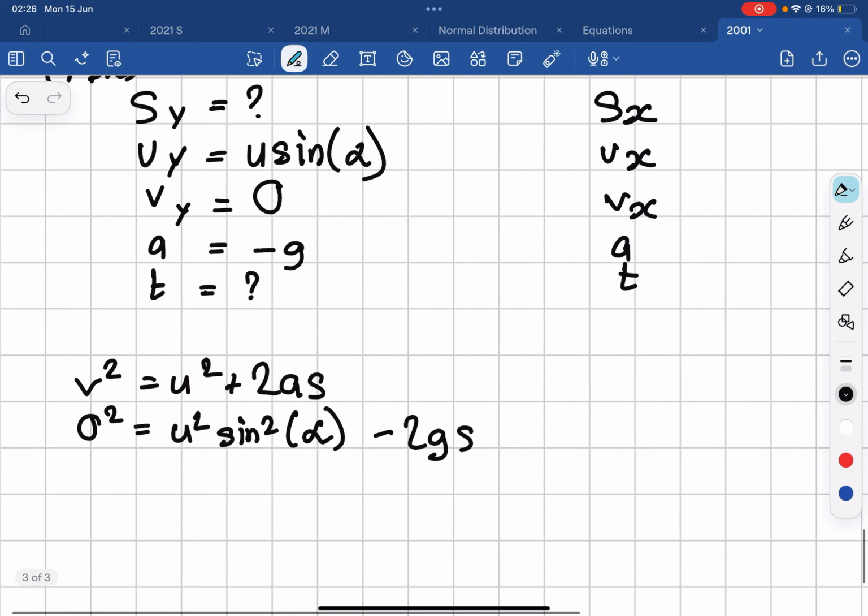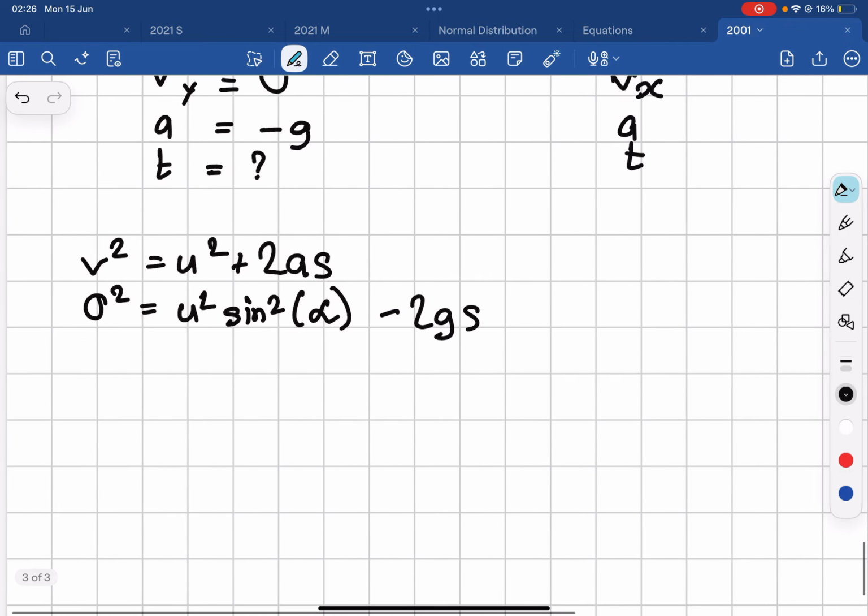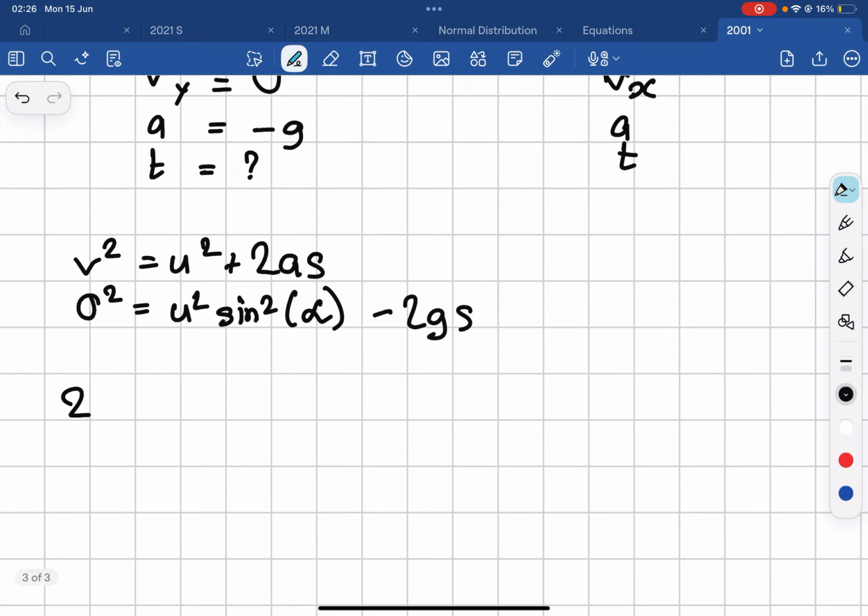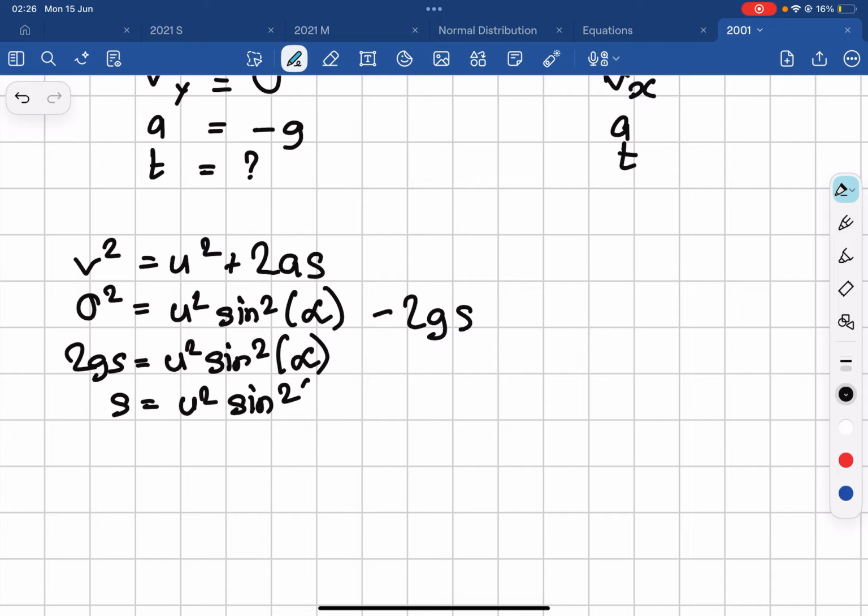Rearrange for s, because that's what our maximum height is. So we have 2gs equals u squared sine squared alpha, then s equals u squared sine squared alpha all over 2g.